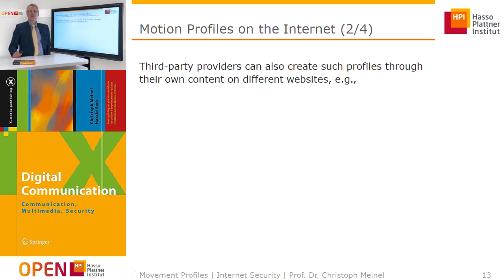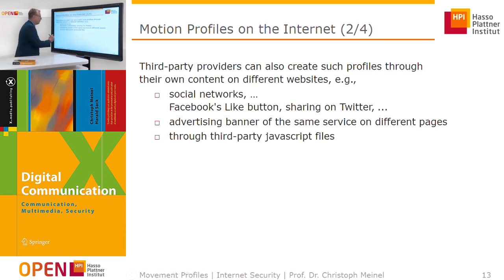They can do this through their own content on different websites. For example, social networks, Facebook like buttons, which are on many websites, and not only on the Facebook websites. By means of these link buttons, it's also possible for Facebook to see when a user visited this page. Sharing on Twitter is similar. Advertisement banners.